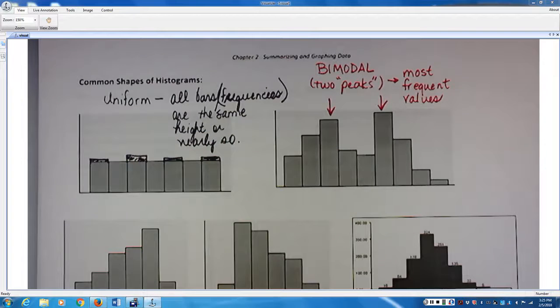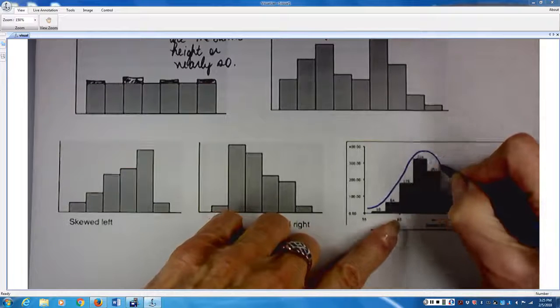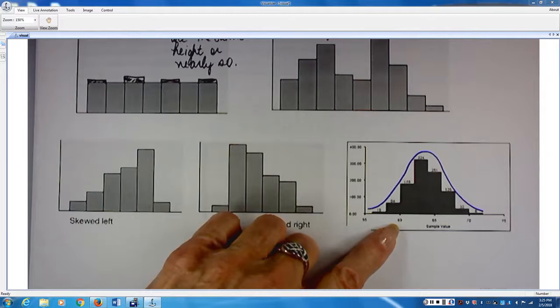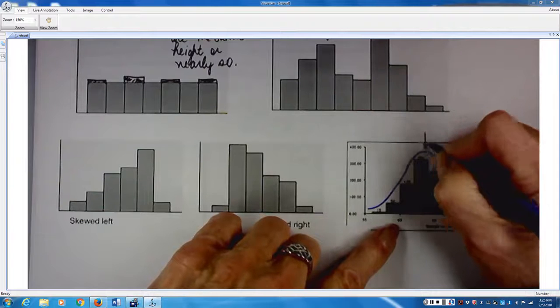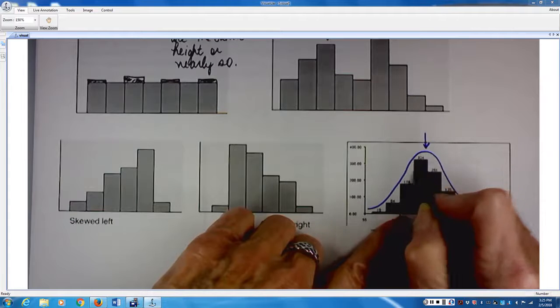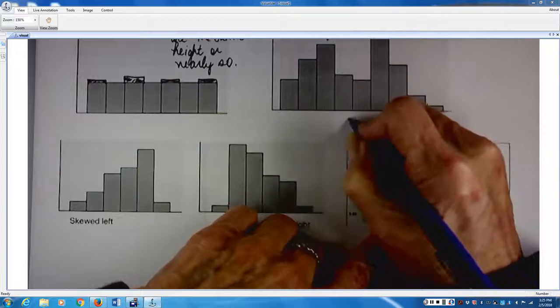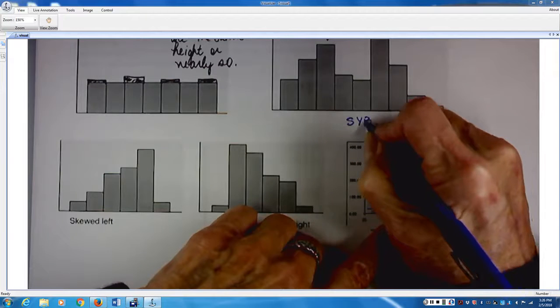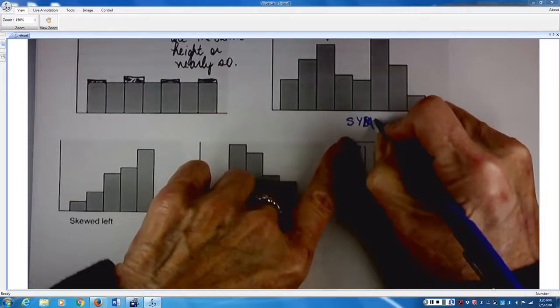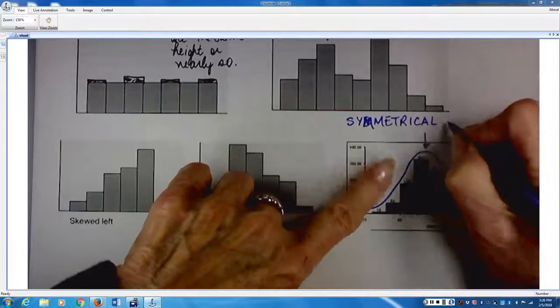So unlike the one that's down here below it on the right, which also has a peak, that one has a single peak in the middle. And the most frequent category would be in this bar right here. Then this one is called symmetrical, or bell-shaped.